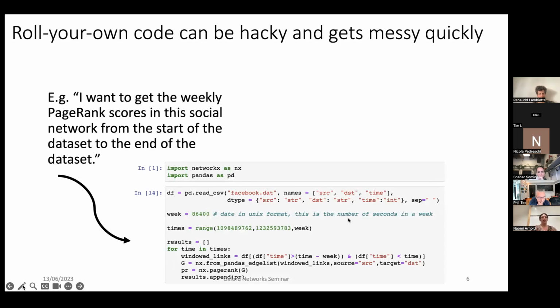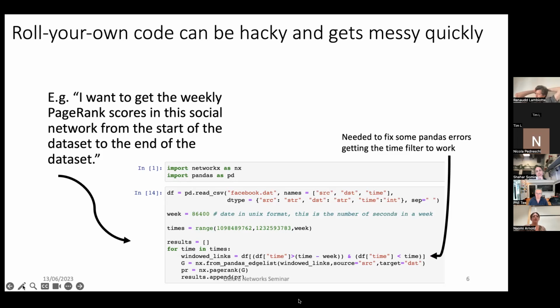So reading the interactions into some sort of data frame, and then having some sort of windows and time ranges that you're interested in, and gradually filtering that data set down into these different windows and running the analysis on this. But this can be quite hacky.